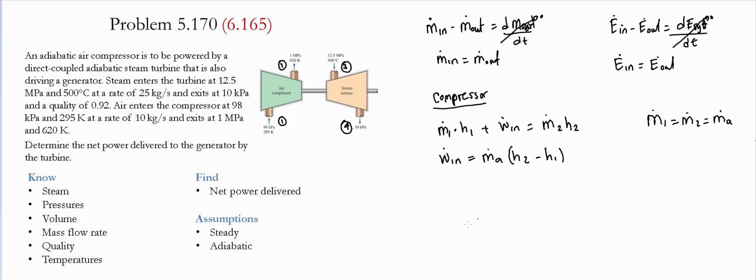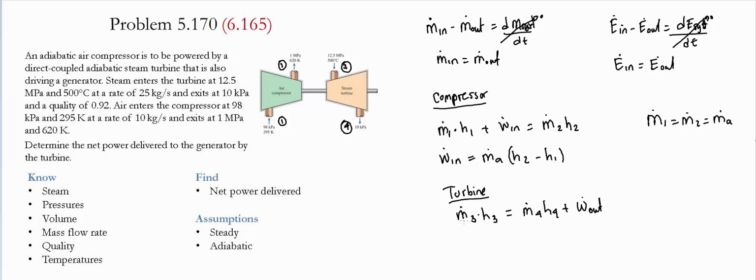We're going to do the same analysis for the turbine. The energy going in is m dot 3 times the enthalpy at the entrance, h3. The energy leaving is m dot 4 times h4 plus the power that is produced.